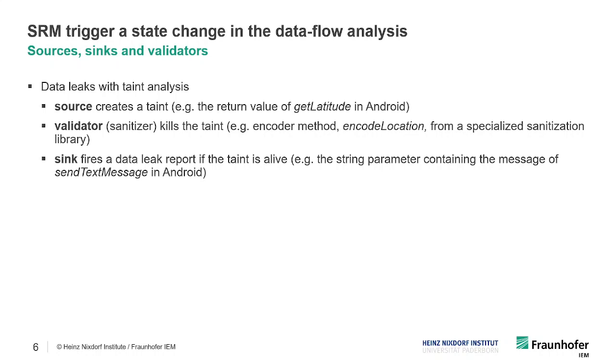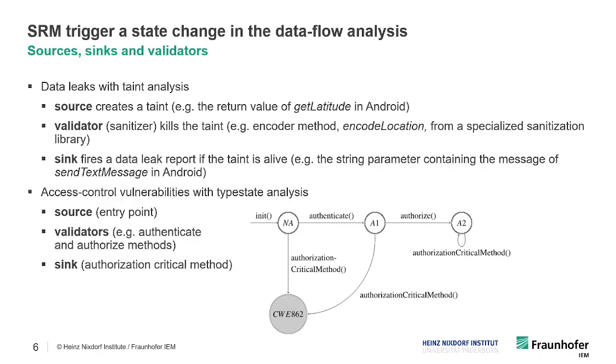Let's see one more example. So here we see how security relevant methods are defined for so-called access control vulnerabilities. These types of vulnerabilities can be, for example, detected by typestate analysis.